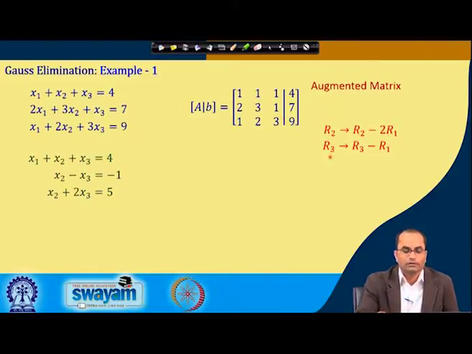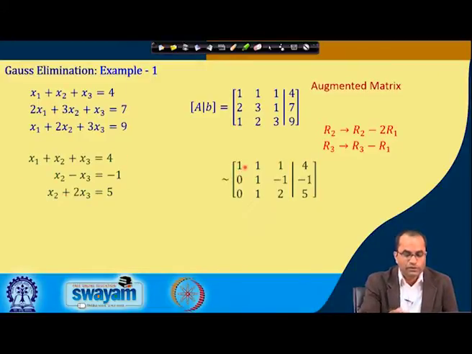So, these two elementary operations we will be doing now, which is parallel to what we have done with the equations. So, what we will get? When we do the first operation here, R 2 minus 2 times R 1, the equation number 1. So, here we have 2 minus 2, that is 0, then 3 minus 2, here it is 1, and 1 minus 2, that is 1 here, and then we have 7 minus 8, that is minus 1, and at this place we are subtracting row 1.